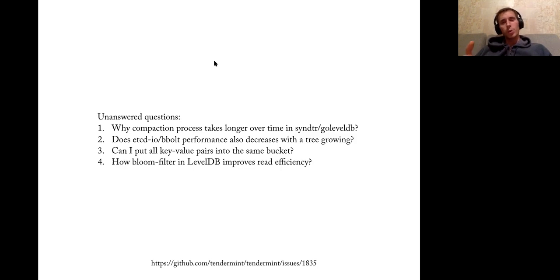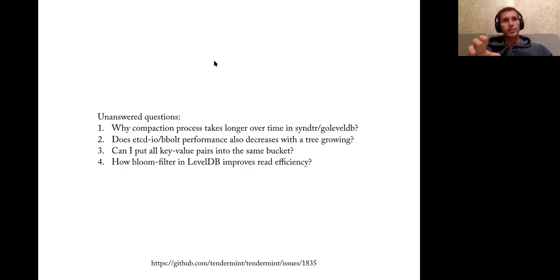The issue with bbolt is that it has this bucket API where you need to create a bucket and put the key-value pairs there. My guess is that for each bucket, Bolt creates a B+ tree.